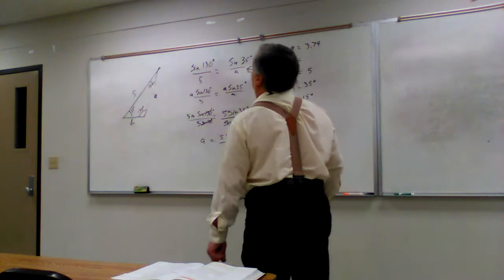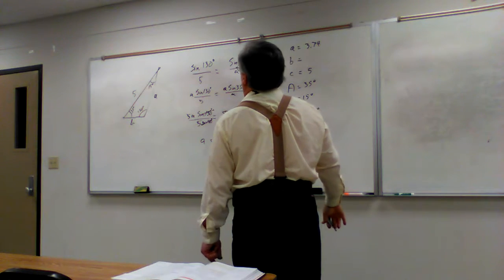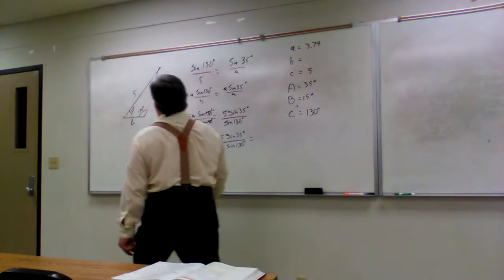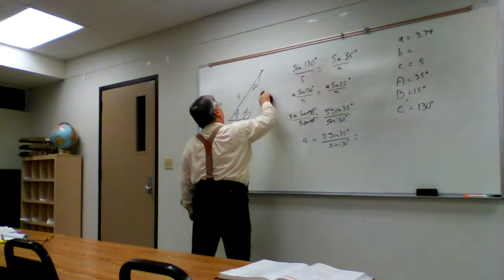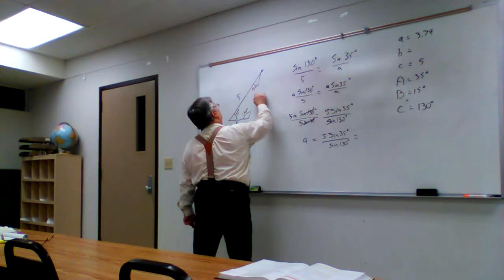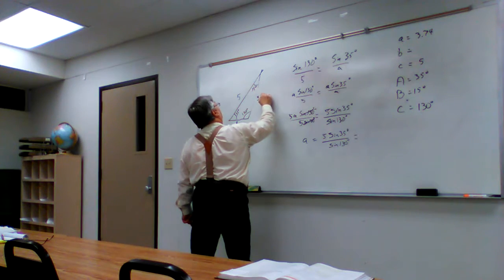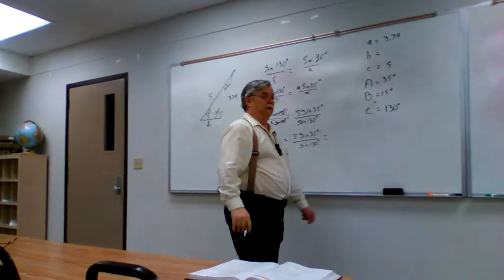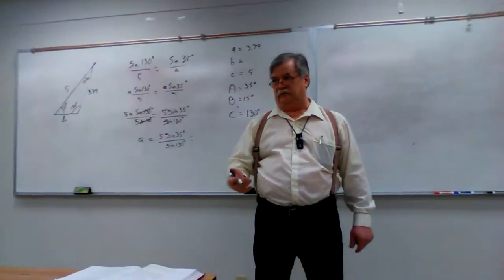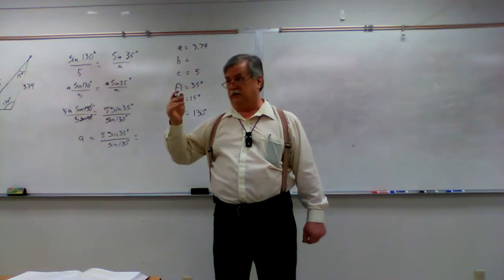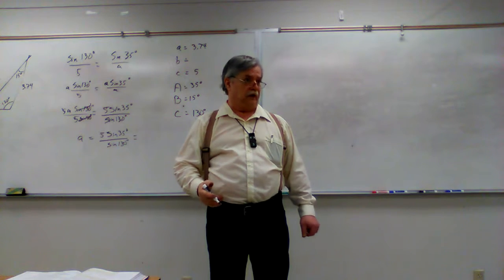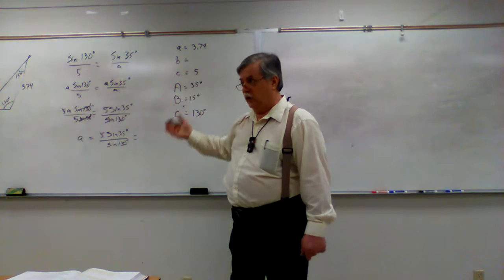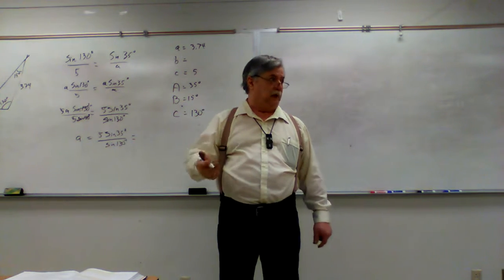Really? Okay, you know what? That does make sense, because it's going to be shorter than 5. All right. And again, just out of habit, just as a matter of good practice, once you've gotten an answer from your calculator, look at it and see if it makes sense.